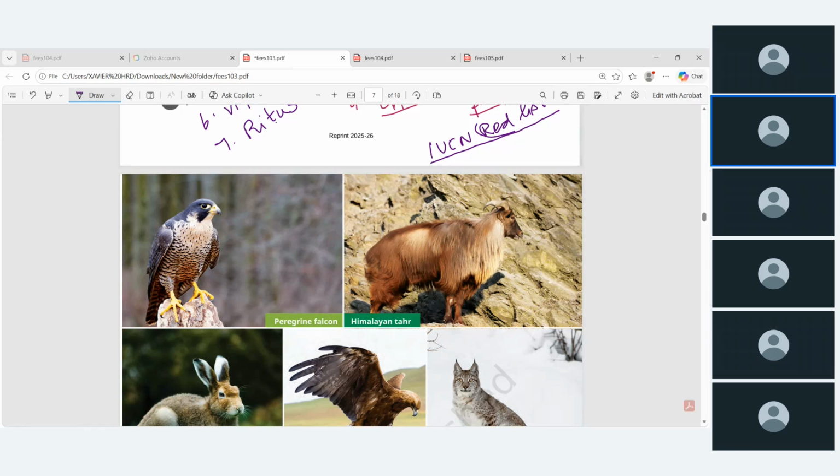The peregrine falcon, according to the IUCN Red List, is endangered. Note that down with a hyphen: it is endangered.